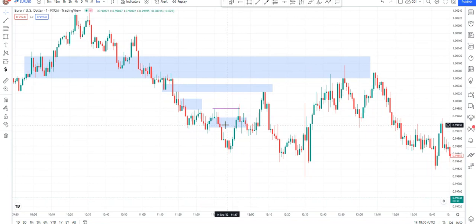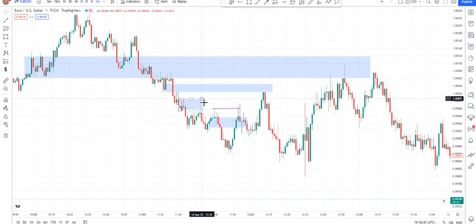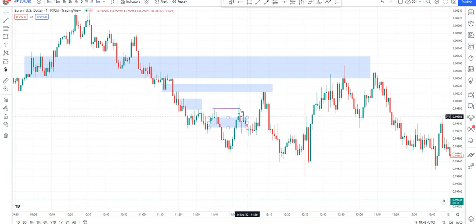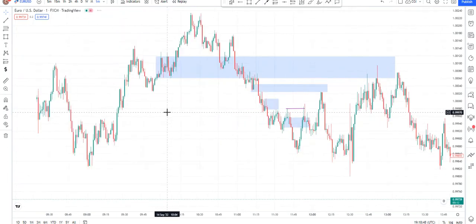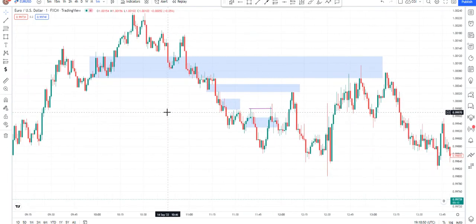If it starts violating imbalances, that means the trend is changing for the meantime, and you may have to either join the new trend or just wait for the old trend to resume. So that's the little point I'm trying to pass across today.